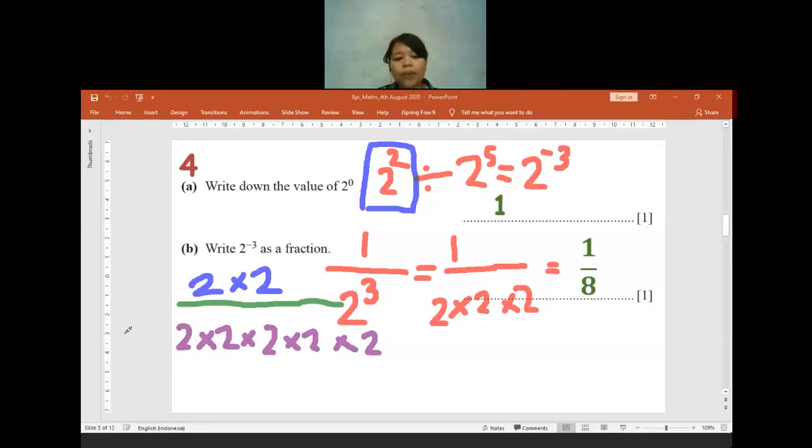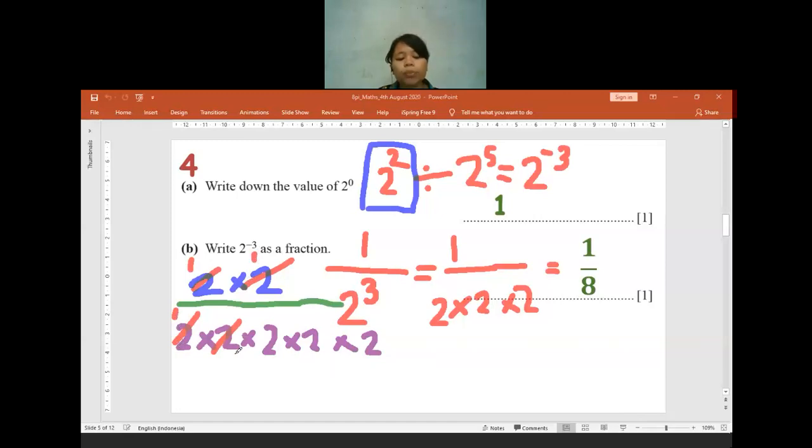After that, we can do cancelling out, right? So we will cancel the numbers in here. The number 2, I cancel with the number 2 in here. This number 2, I cancel with the number 2. Because 2 cancels with 2, it will be left as 1. 2 divided by 2 is 1. For the denominator also, 2 divided by 2 is 1. This will also be 1.